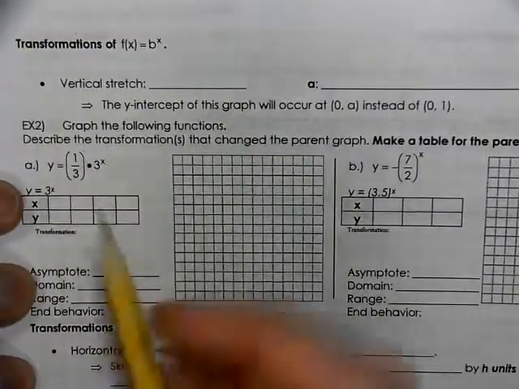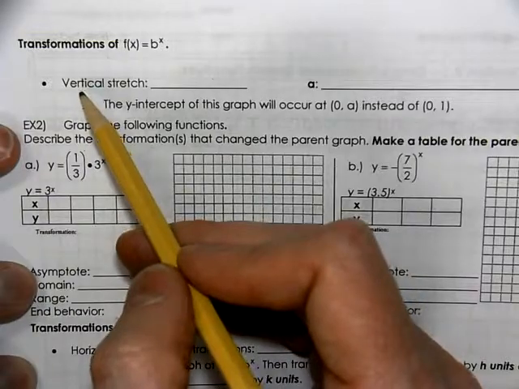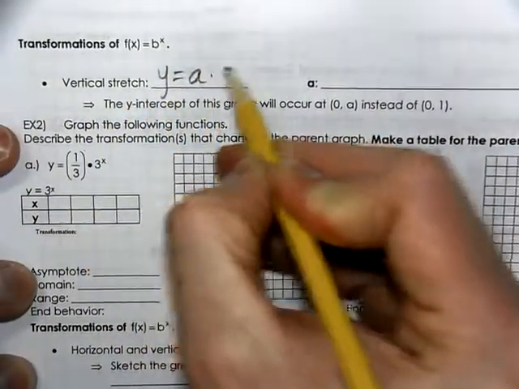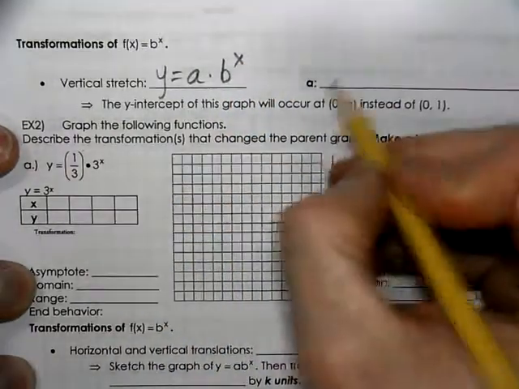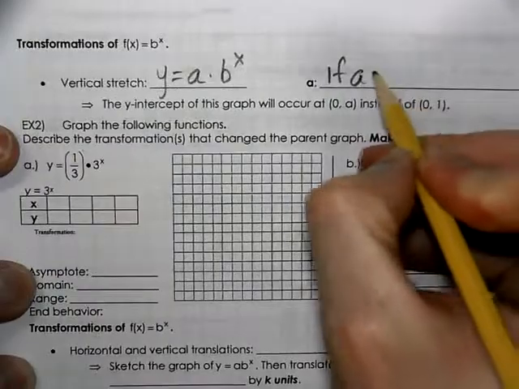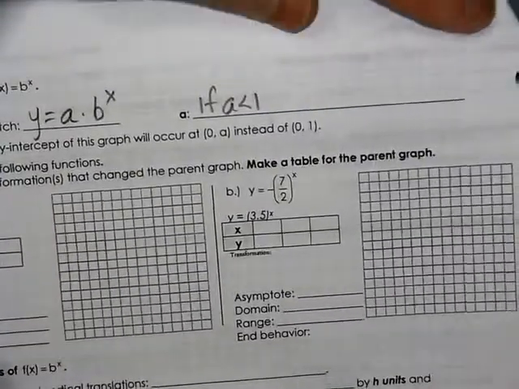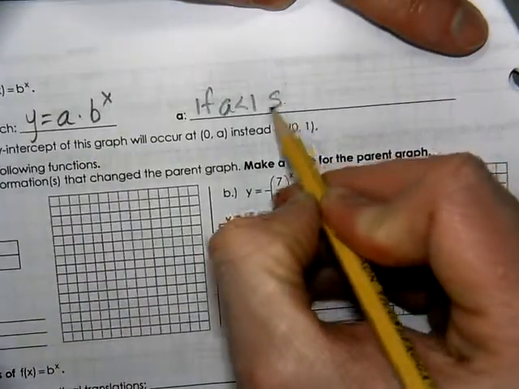On the second page, we're looking at the different types of transformations. So there is a vertical stretch that you have, y equals a times b to the x. If a is less than 1, so if a is a fraction with a numerator smaller than the denominator, then we would have a shrink.